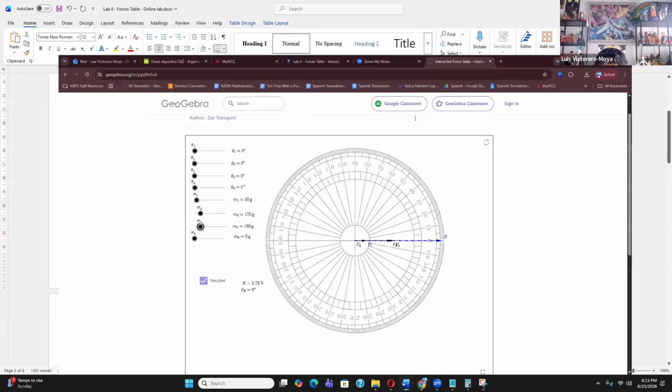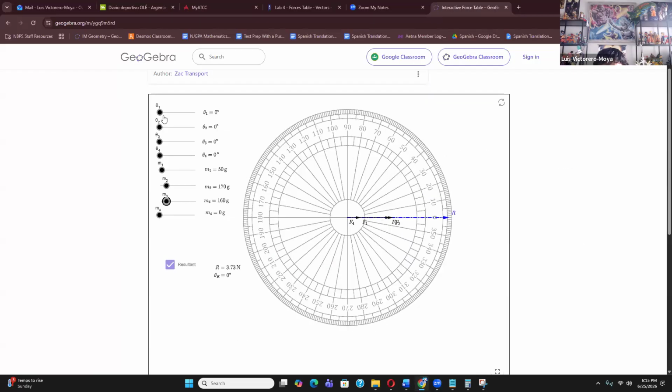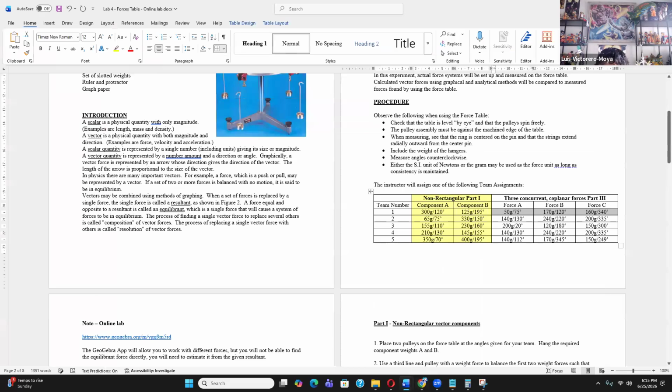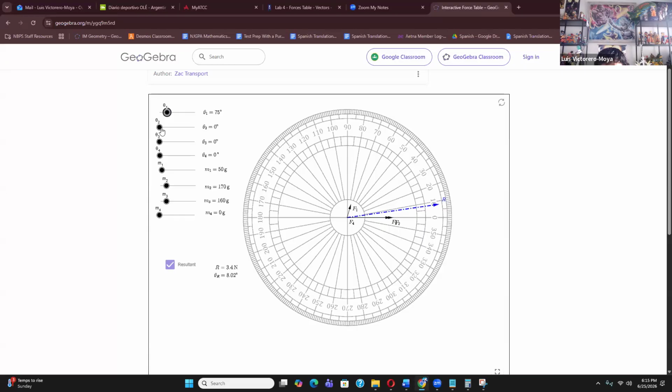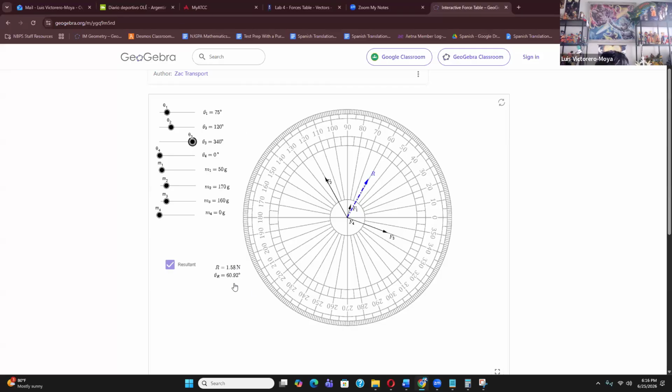Now for A, 75 degrees. For B is 120 degrees. And for C is 340 degrees. So you have your resultant, which is the equilibrium, and the angle.